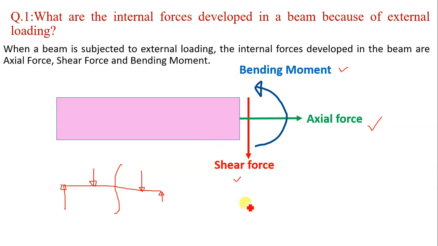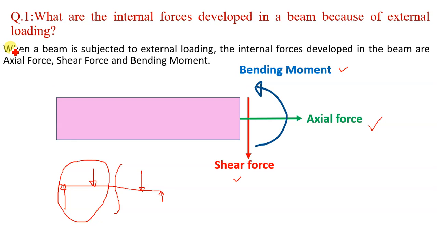So these are the internal forces which are now exposed because of this cut, and these internal forces are shear force, axial force and bending moment. These forces maintain the equilibrium of the left side portion of the beam.